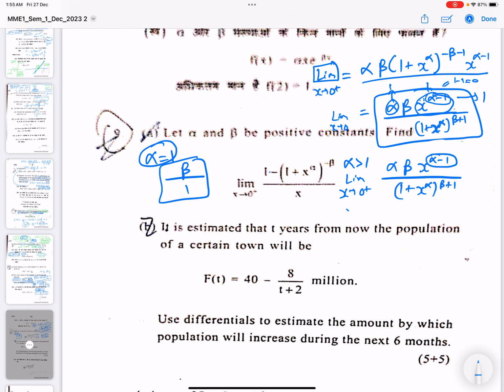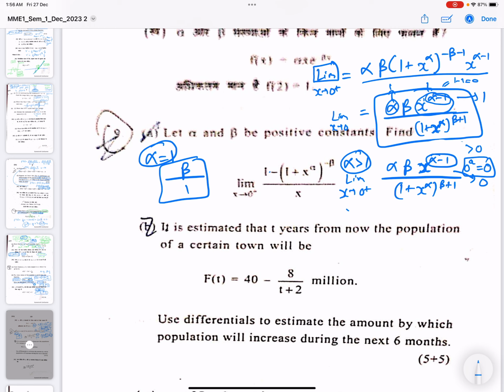If alpha is greater than 1, this power would be greater than 0. So x to the power of a positive number, where x is 0, would give you a value of 0 only. So the numerator is going towards the value 0.